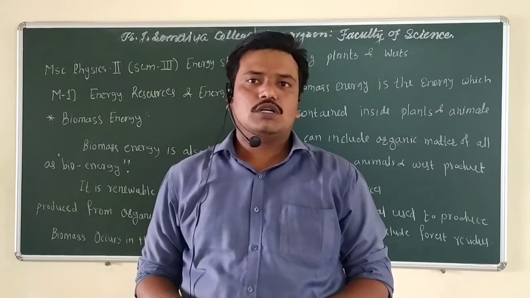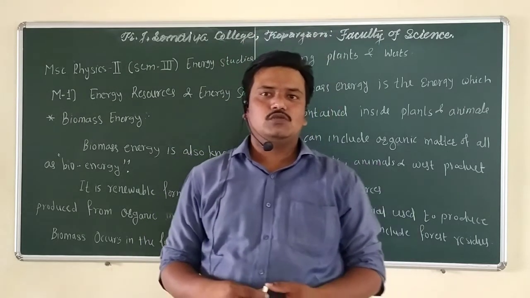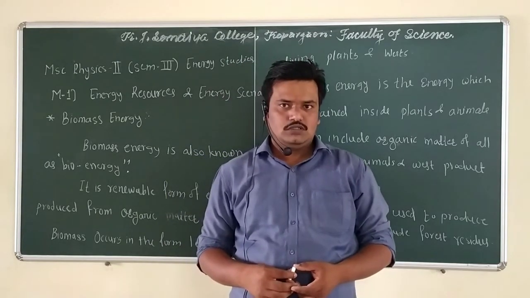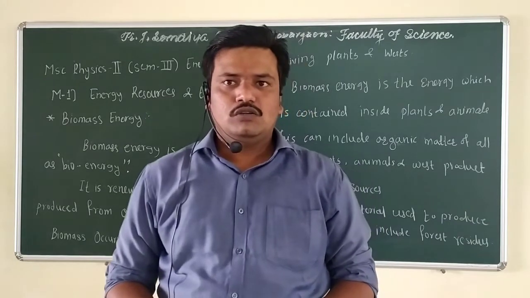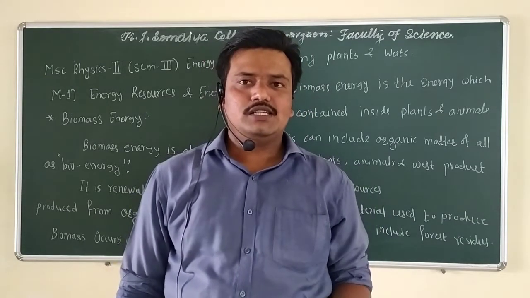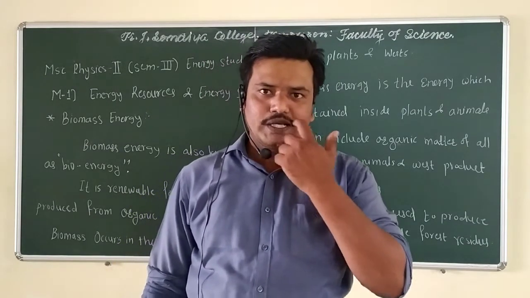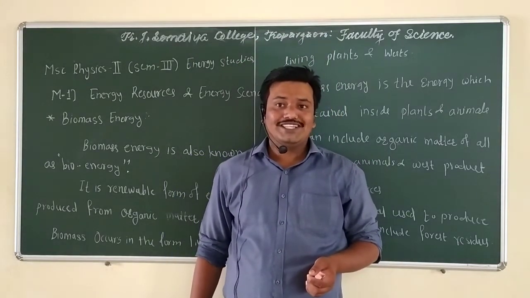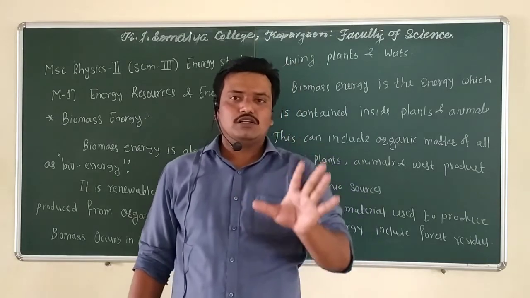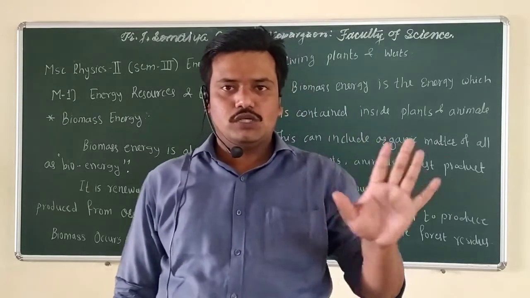Out of the total output of 2.5 into 10 to the power 22 kilowatt per year, 1.5 into 10 to the power 8 megawatt per year reaches the earth's surface everywhere in the world.